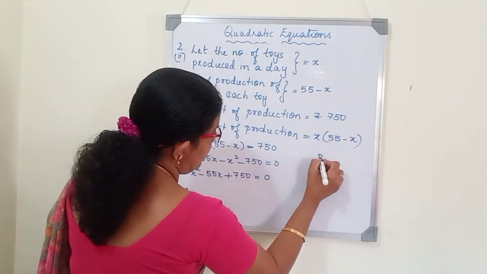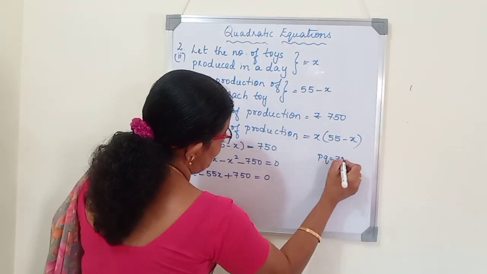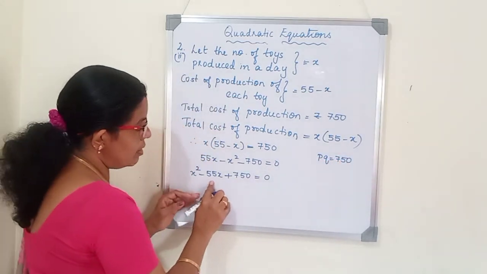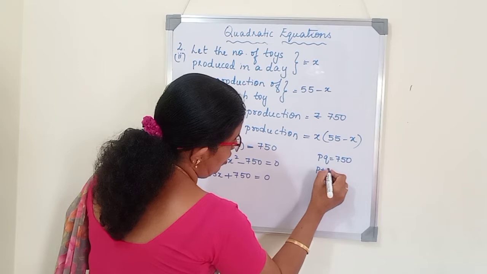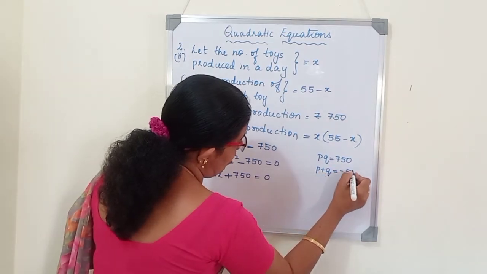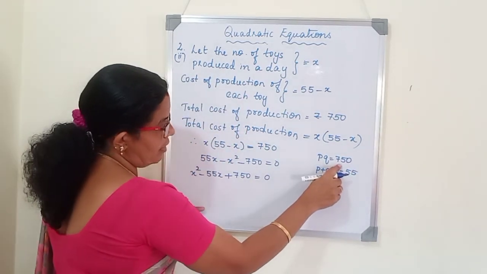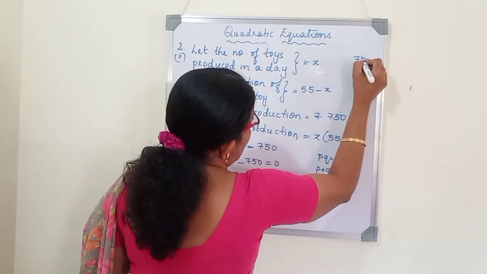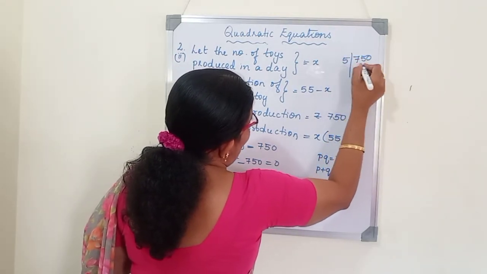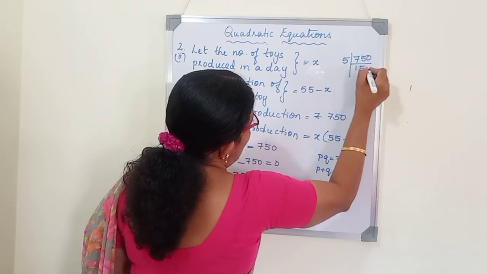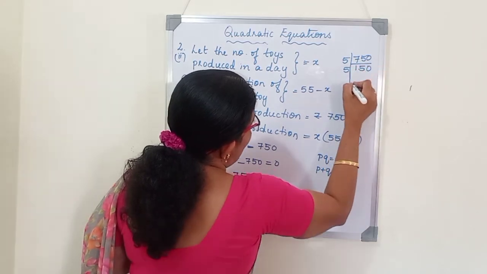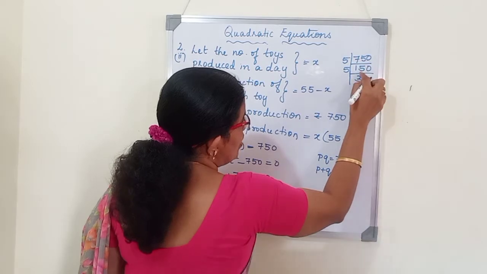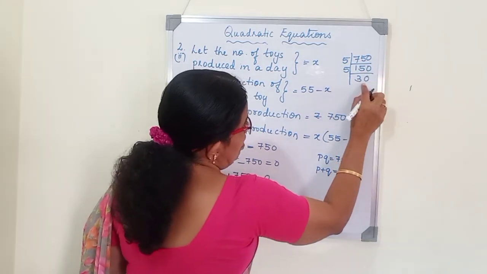Now the product is 750 and the sum is minus 55. We have to see which two numbers, when multiplied, give the product 750 and sum minus 55. So we will factorize 750. 5 ones are 5, 5 fives are 25, again 5, 5 threes are 15, 30.